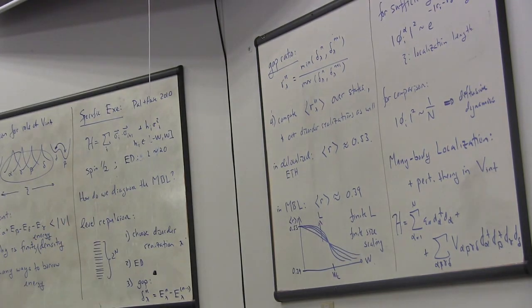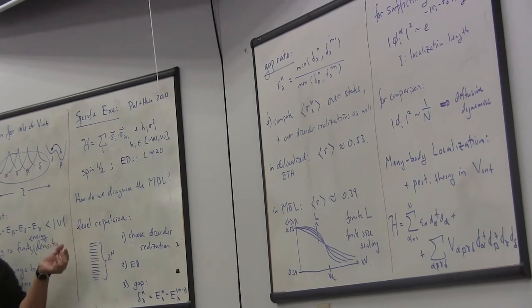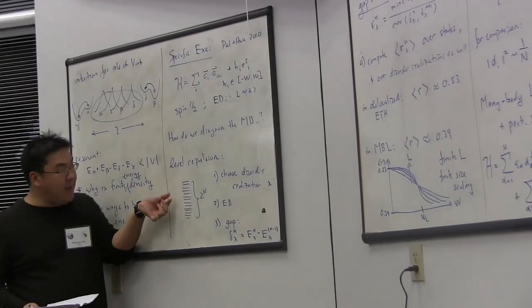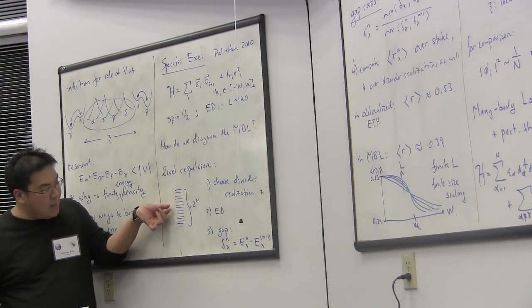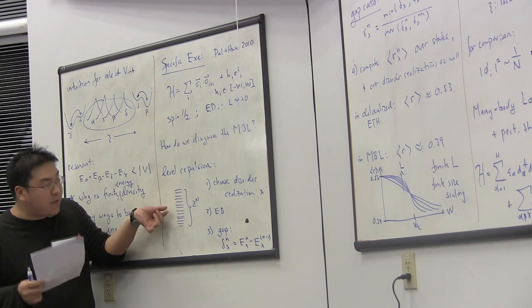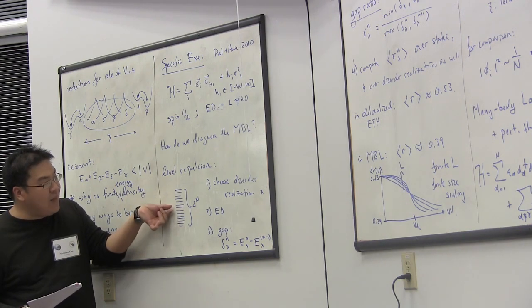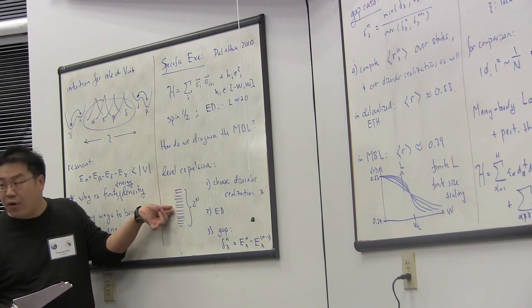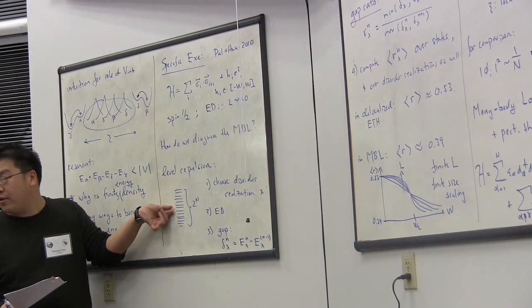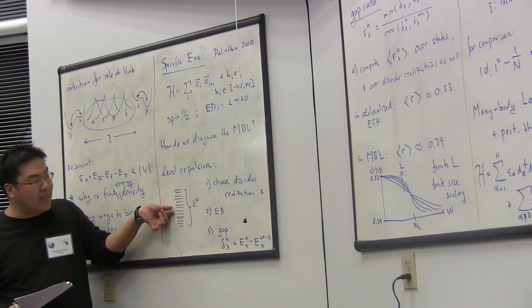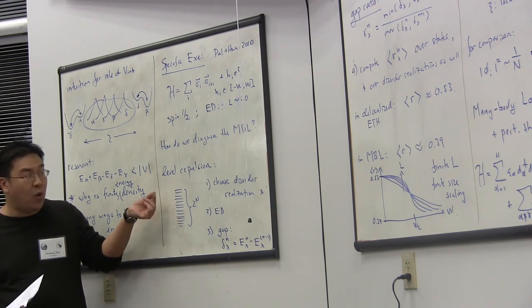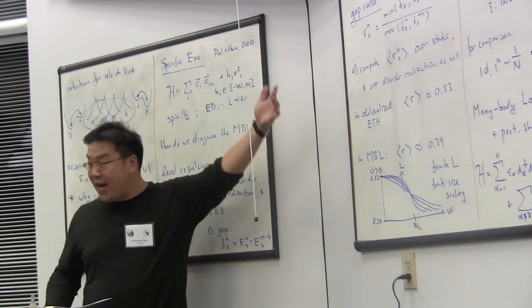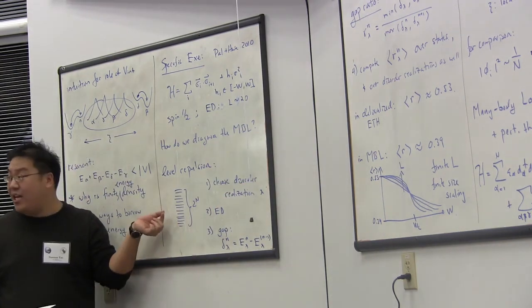It works because of, all right, maybe I didn't explain it super well. It works because of level repulsion. What level repulsion says is that the difference in these two phases is that in the thermal, ETH phase, the levels never get too close together. Whereas in the MBL phase, the levels don't care about each other and can get arbitrarily close. So this procedure is just a way to mathematically formalize that intuition.